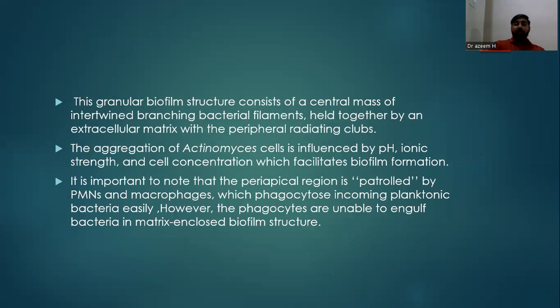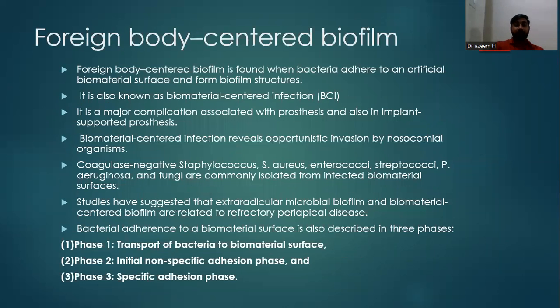It is important to note that the periapical region is patrolled by polymorphonuclear neutrophils and macrophages, which phagocytose incoming planktonic bacteria easily, but the phagocytes are unable to engulf bacteria in matrix-enclosed biofilm structures.